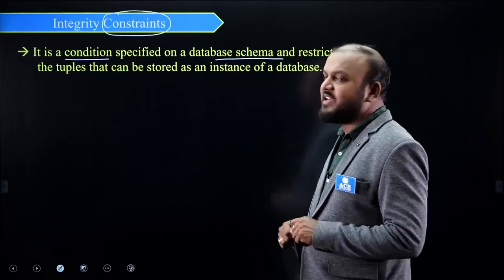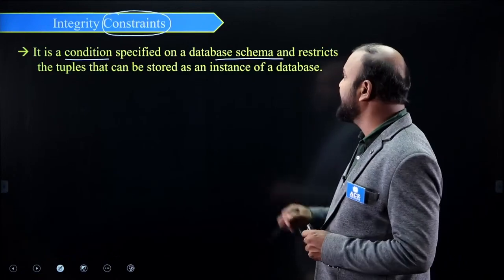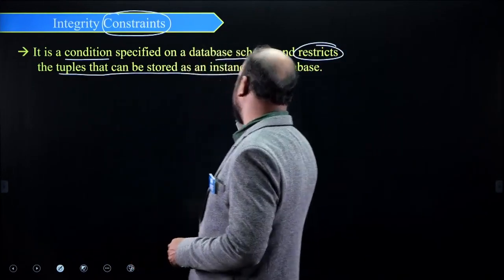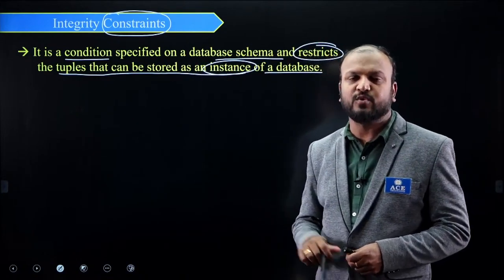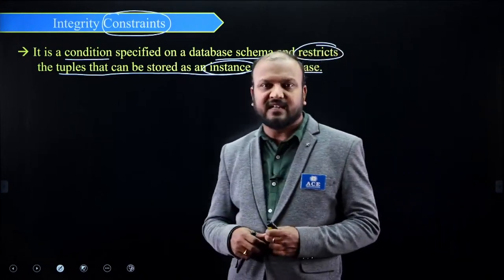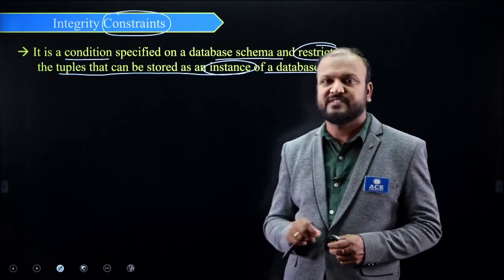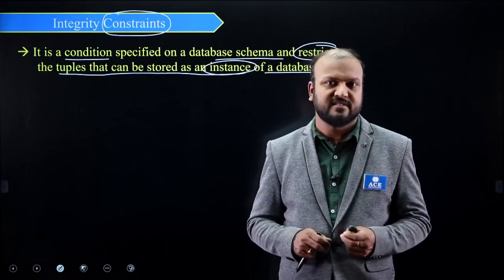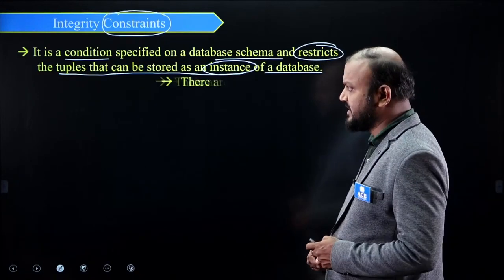If a condition is there on a particular attribute of a table, it is going to restrict the tuples that can be stored as an instance of the database. If a tuple you would like to store satisfies all the integrity constraints, meaning all the conditions specified over the database schema, then only the tuple is going to be stored. Otherwise, the tuple is restricted, which means it is going to be rejected.